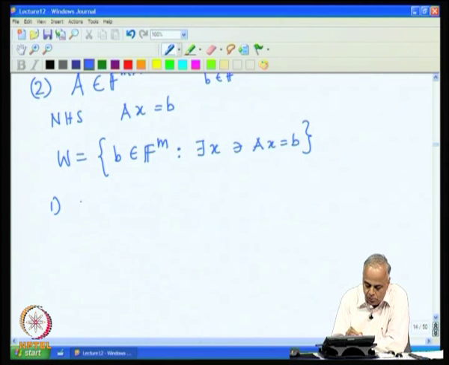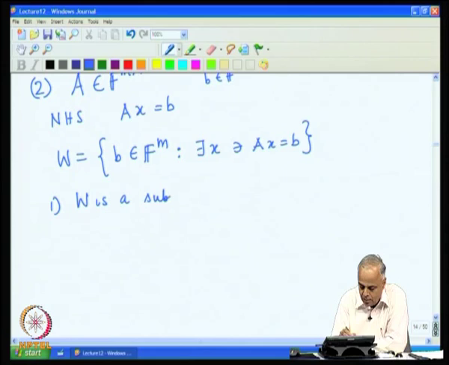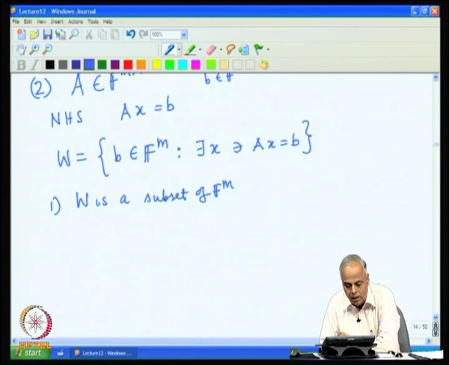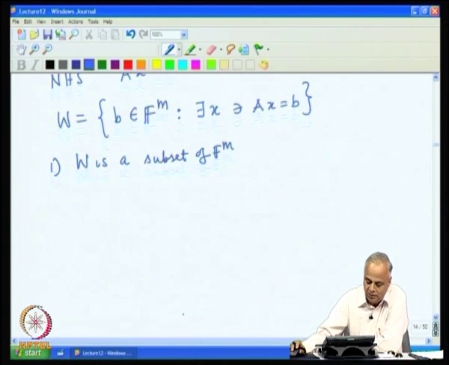Now, W is a subset of F m. Is it non-empty? Clearly, when we take b equal to theta m, we have the homogeneous system, and we know that the homogeneous system always has the trivial solution.